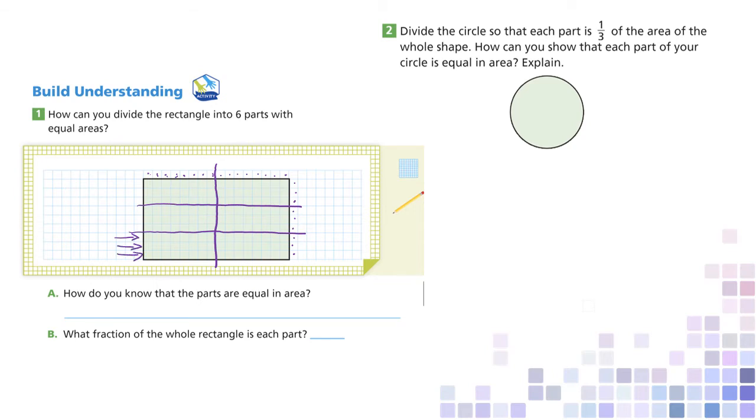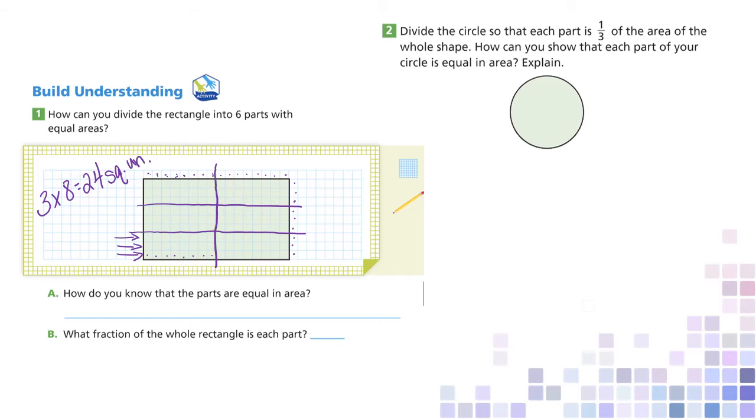And I know that in each row I have 1, 2, 3, 4, 5, 6, 7, 8 square units. So 3 rows times 8 gives me 24. And I can't forget my square units. So each of those parts should have 24 square units.